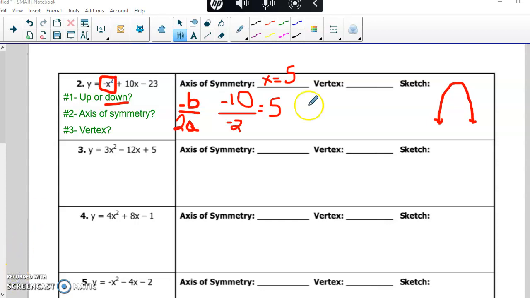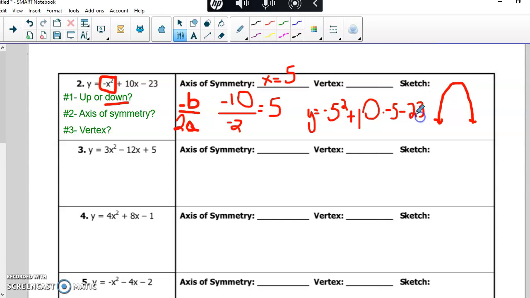So when I plug my value for x equals 5 into my equation, I know I have y equals negative 5 squared plus 10 times negative 5 minus 23.